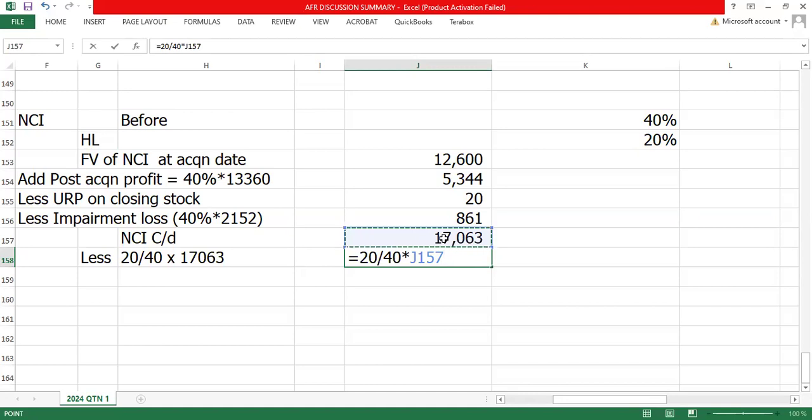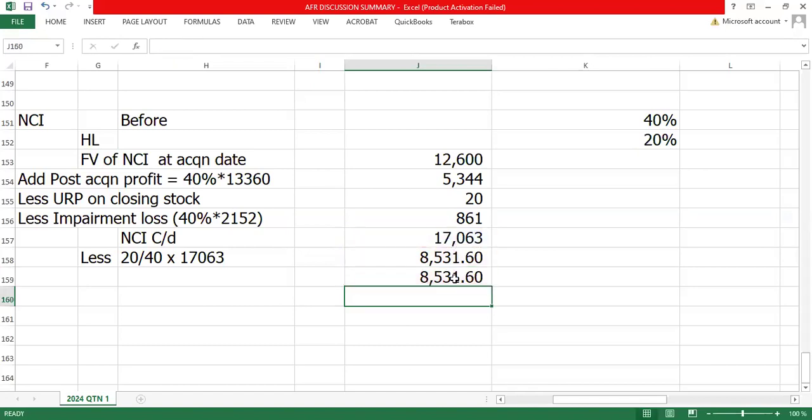That's 85. So what you'll be left with is this one minus this.